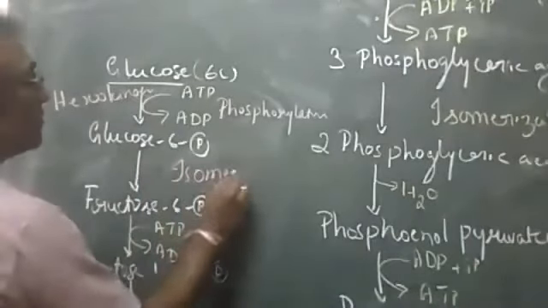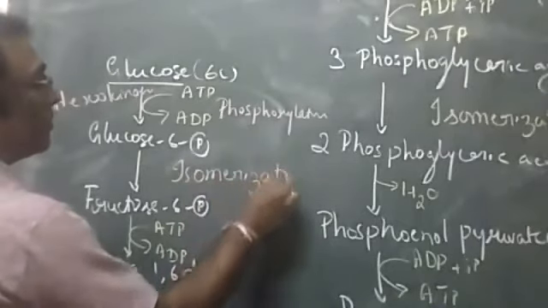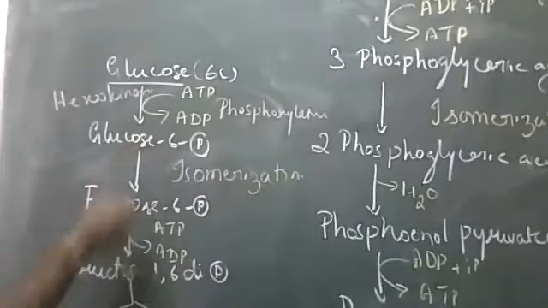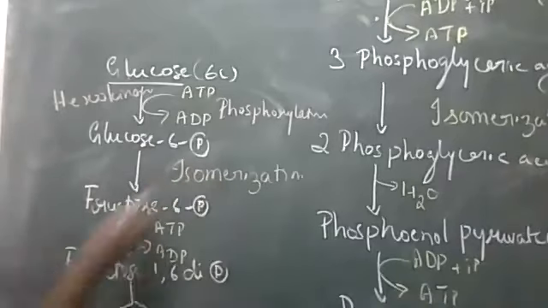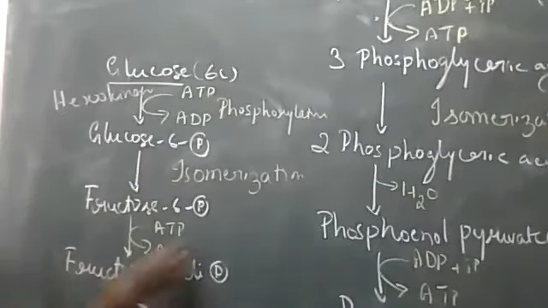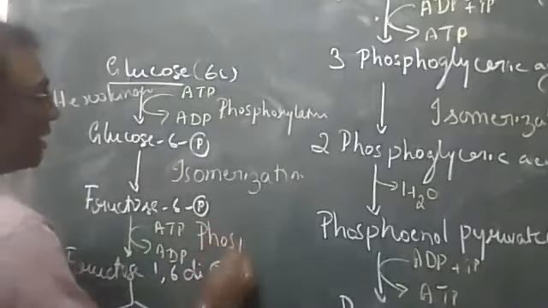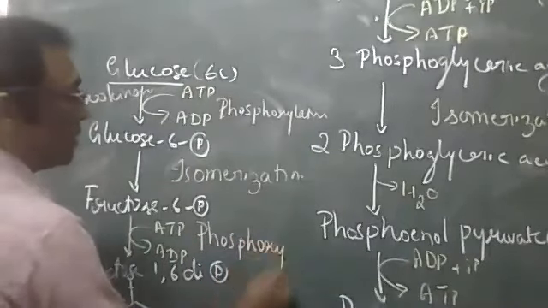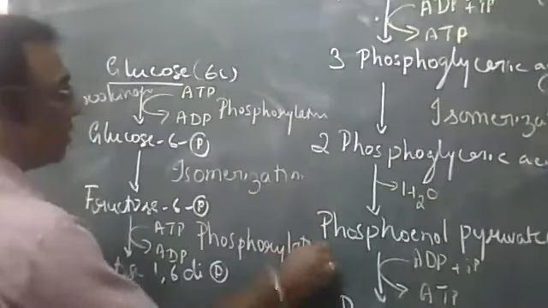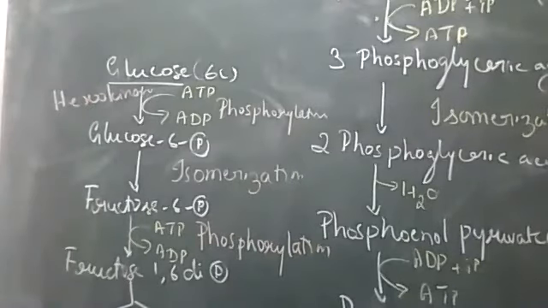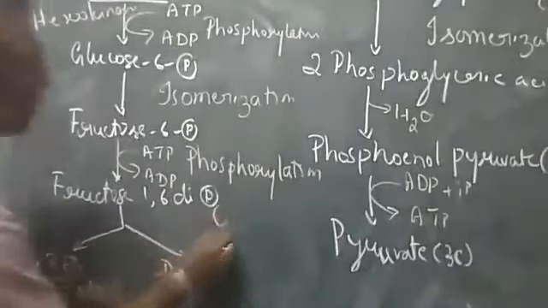Glucose 6-phosphate to fructose 6-phosphate is isomerization. Fructose 6-phosphate to fructose 1,6-diphosphate is again what? Phosphorylation. These are all 6-carbon compounds.